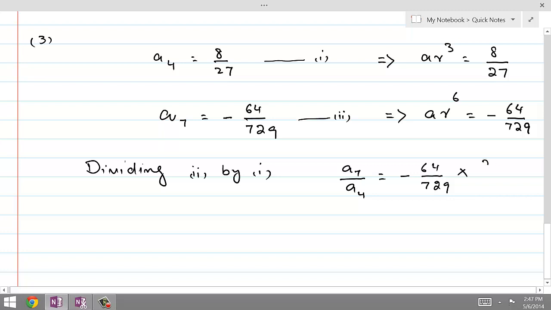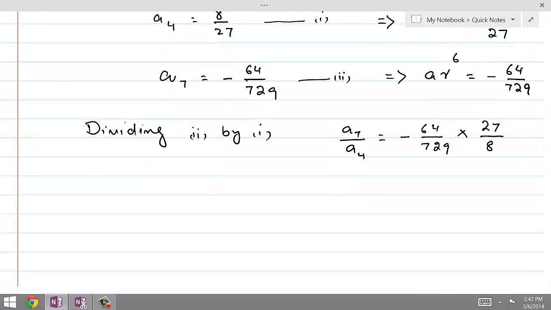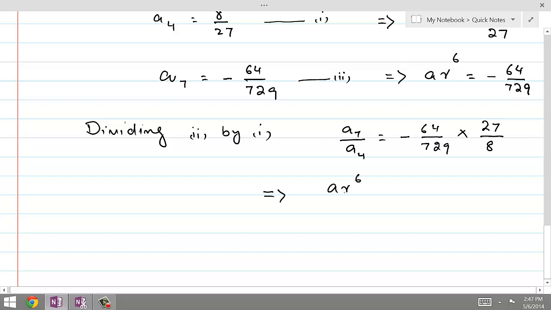So this will become 27 over 8. Once we have this, we already know the value for A7 and the value for A4. This means we have ar power 6 over ar power 3 equal to minus 64 over 729 times 27 over 8.